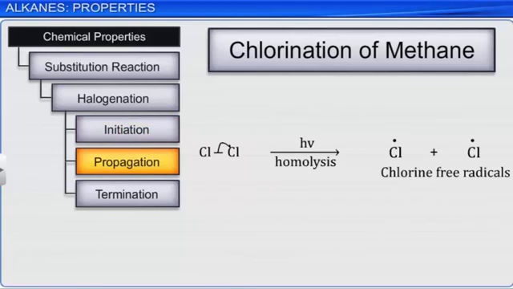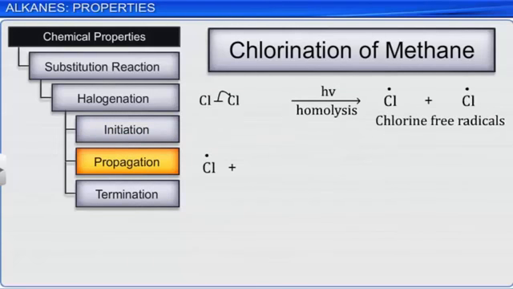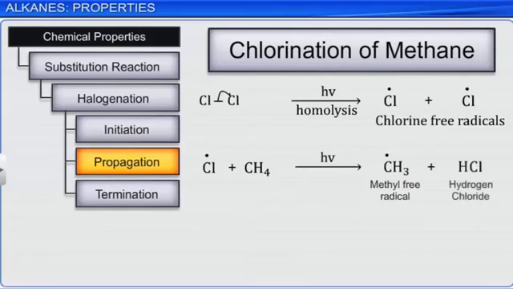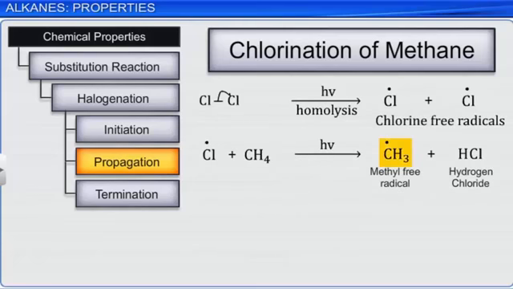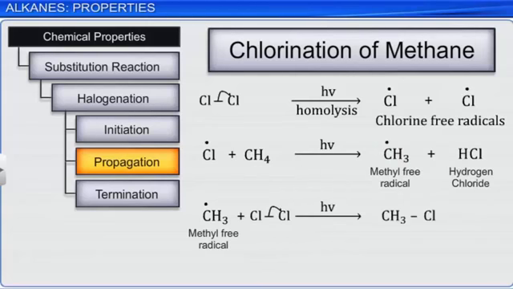During propagation, 2 reactions take place. First, the chlorine free radical attacks the methane molecule, forming a methyl free radical and hydrogen chloride. Next, the methyl free radical attacks the second chlorine molecule, forming chloromethane and 1 more chlorine free radical, setting up the chain reaction.